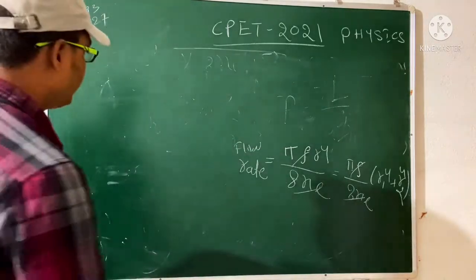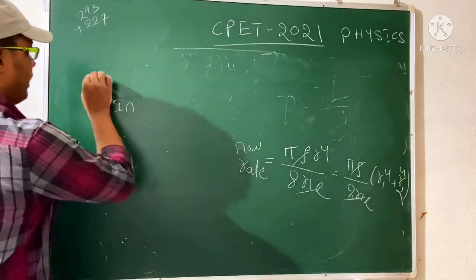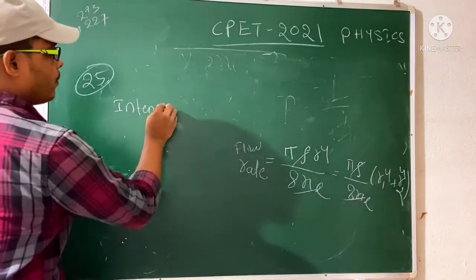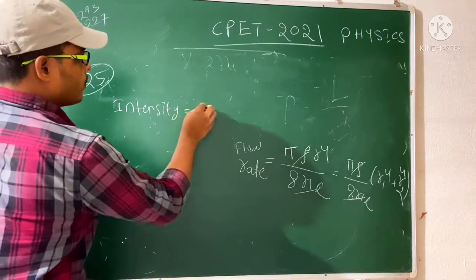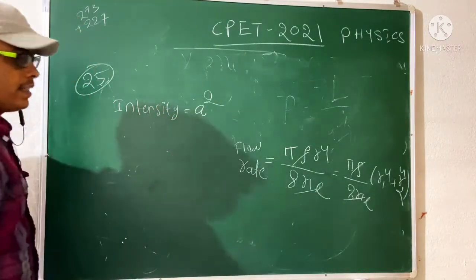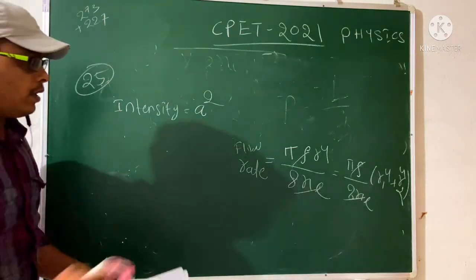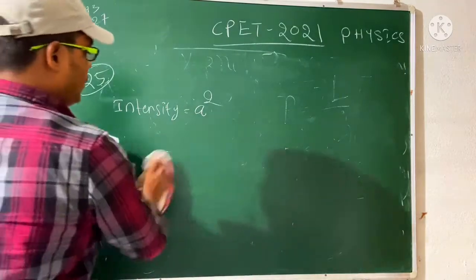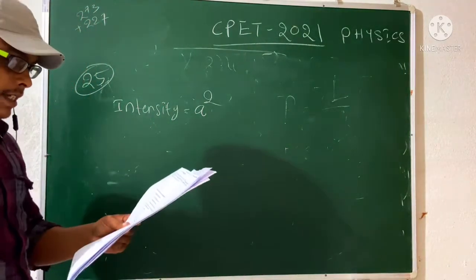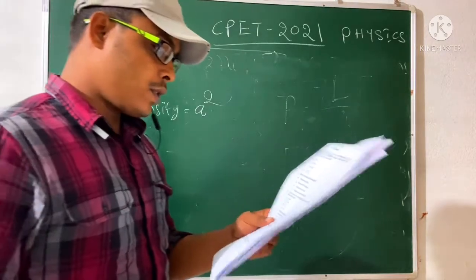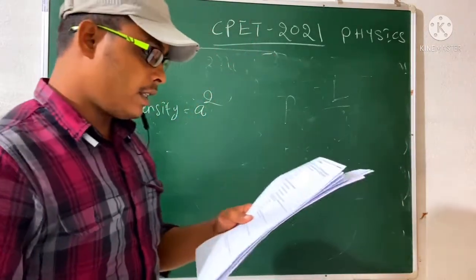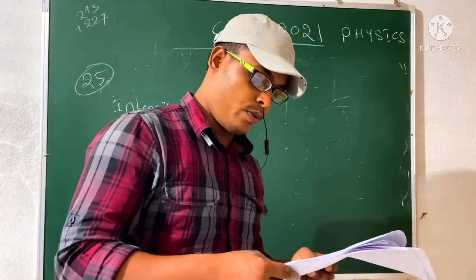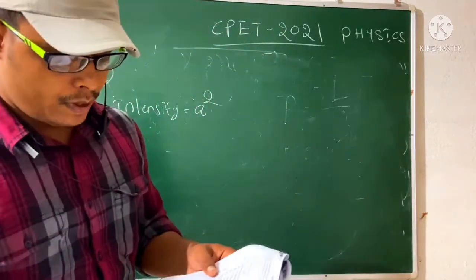Remember, what we know is the intensity of light. The intensity is directly proportional to the square of the amplitude. You know this. So the width ratio is given as 81:1, then the ratio of the amplitude.